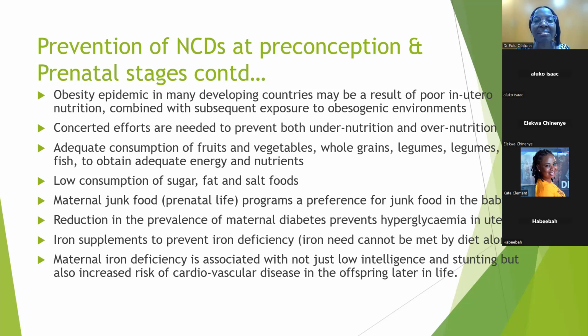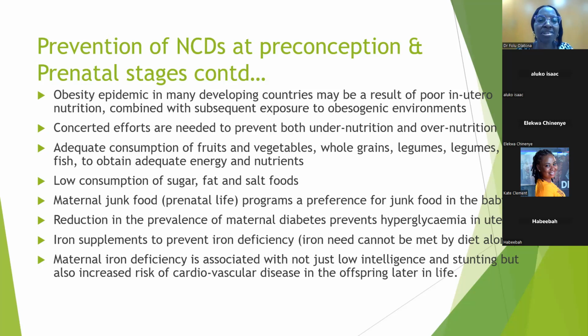But if that person is exposed to obesogenic environments, environments that favor junks, that favor consumption of unhealthy diet, that favor inadequate physical activity, then the risk is higher. The risk of those non-communicable diseases will be higher.